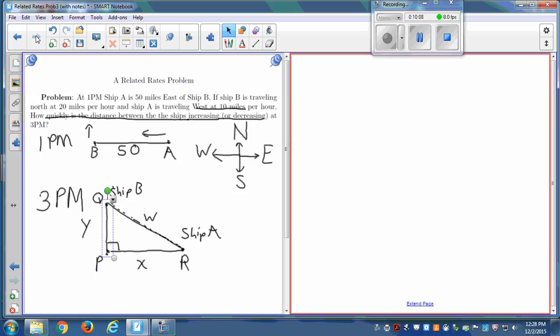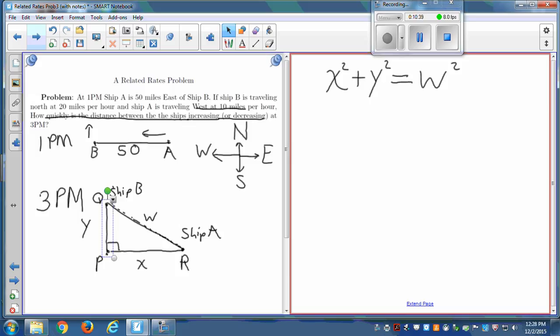I'll rewrite the equation. x squared plus y squared equal to w squared. So I take the derivative of both sides with respect to time. To do that, we're basically using implicit differentiation. Remember, x is a function of t, y is a function of t, and w is a function of t. They all change with time, t.